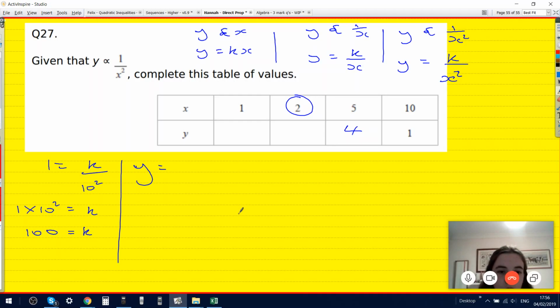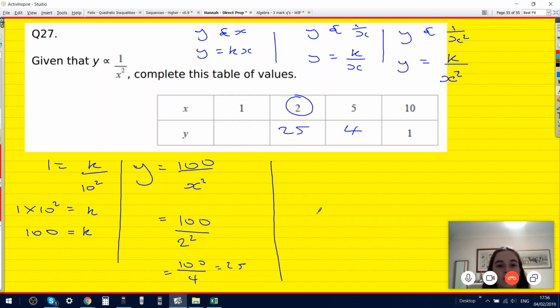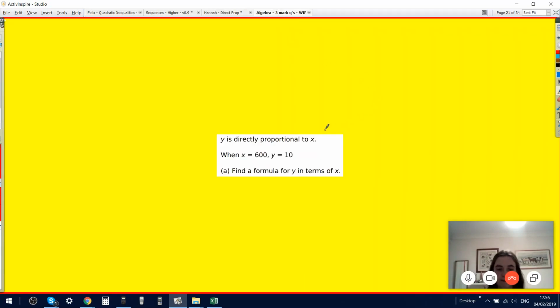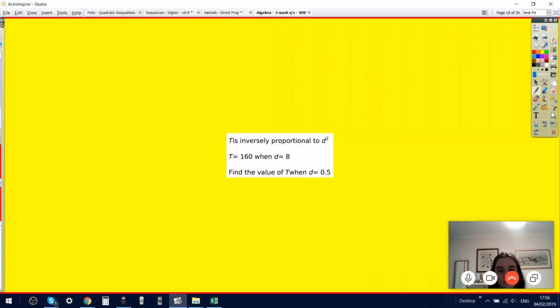Equals 100 over x over 2 squared. Which is 4. Which is 25. Yeah, so you said 2.5, 0.25. Oh. And this one? 100. Yes.